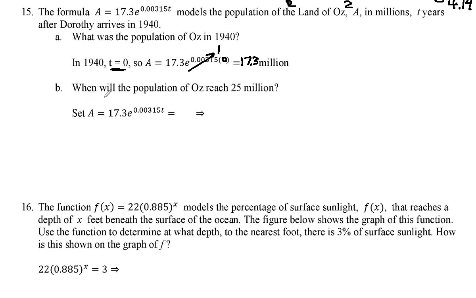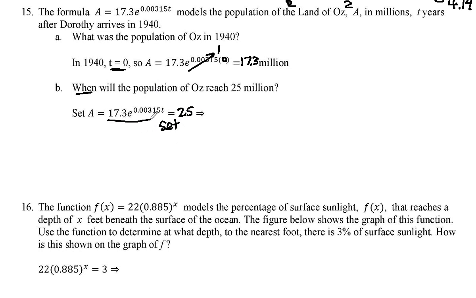And we want to know when, so that's a time: when will the population of Oz reach 25? So what we're going to do is take the population A, which is 17.3 e to the 0.00315t, and set it equal to 25. And now we want to solve that exponential equation. So first we have to isolate the exponential, and then we're going to do logs on both sides like we did up above.